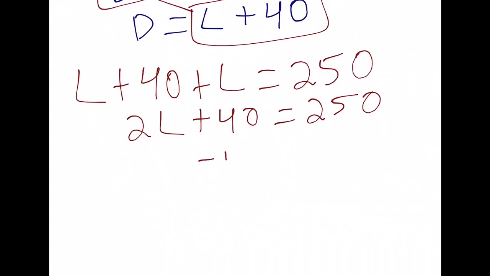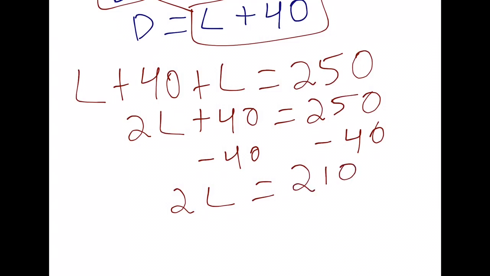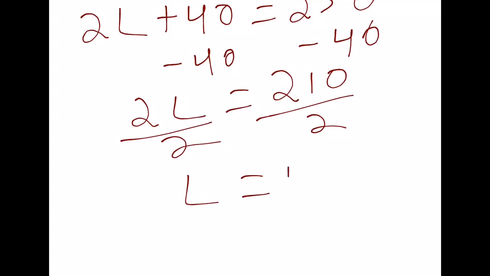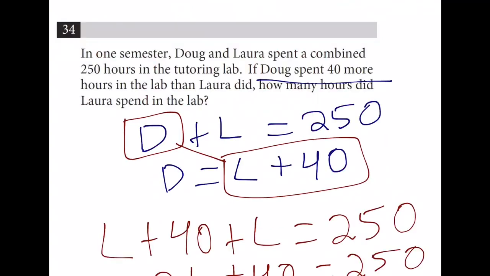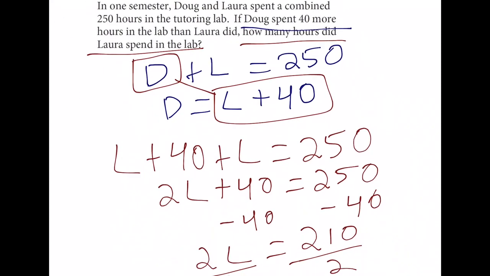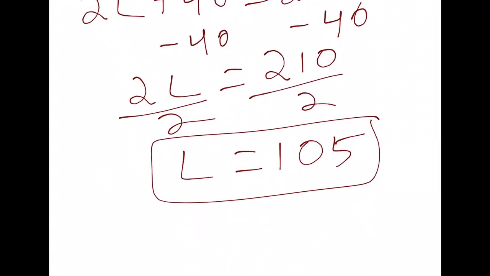When I subtract 40 from both sides, I get 2L is equal to 210, and when I divide both sides by 2, I get that L is equal to 105, which fits how many hours did Laura spend in the lab. If I wanted how many hours Doug spent, I would have to plug it back in and find the answer. But this one is the correct answer for Laura.